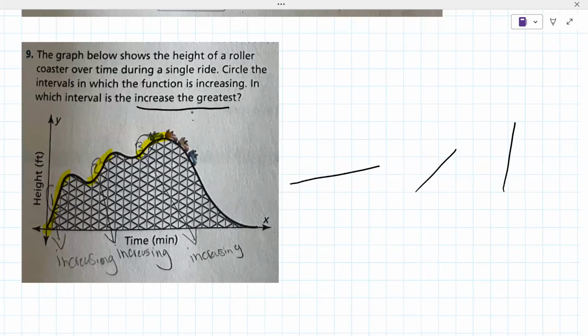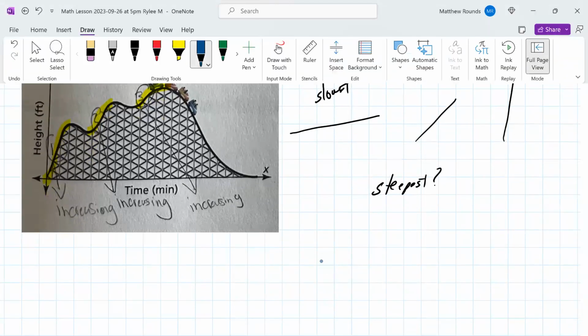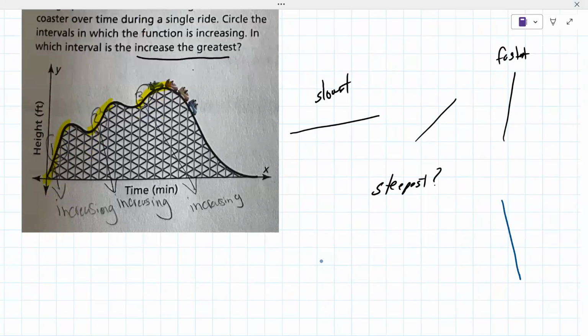Which is the steepest? The third one. The third one. So this would be the fastest, and this would be the slowest. And it's the same going down. What would be the fastest going down? That, which yeah, would still be the fastest. The slowest.